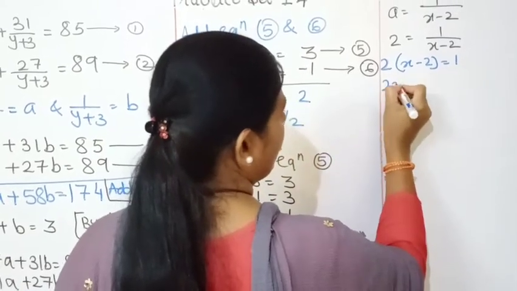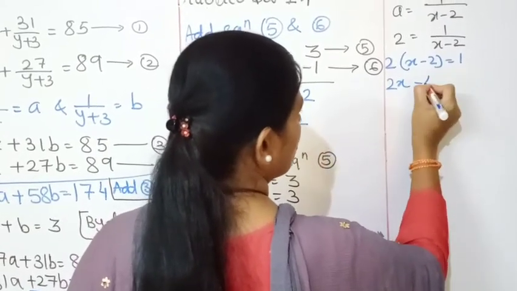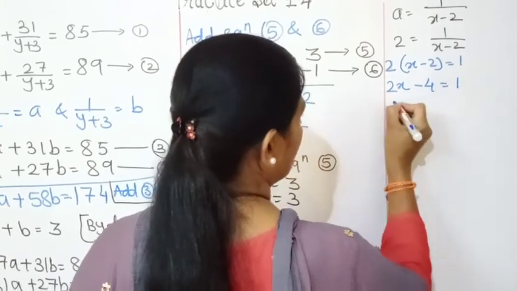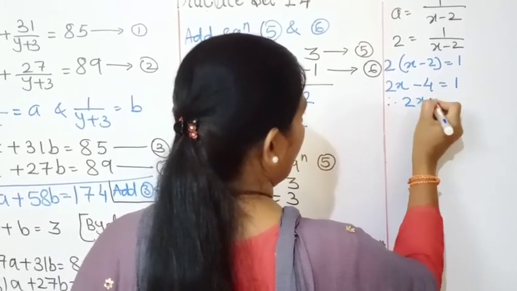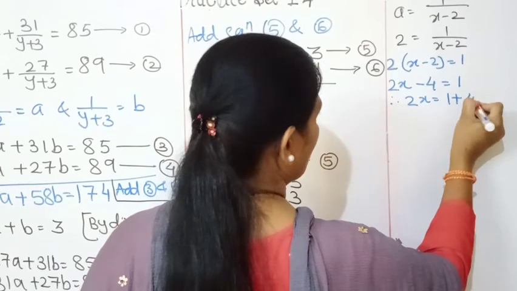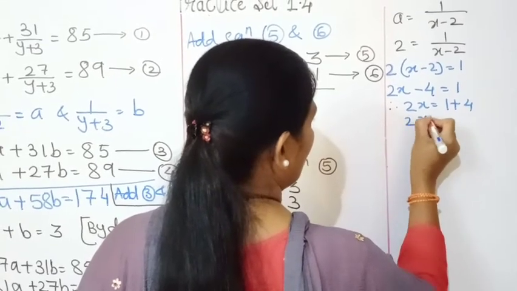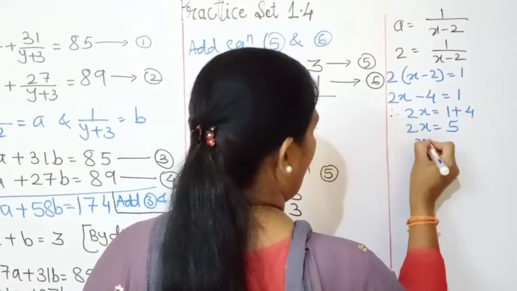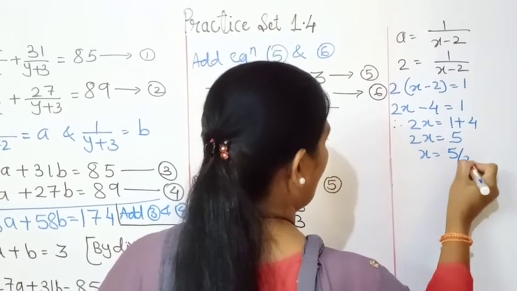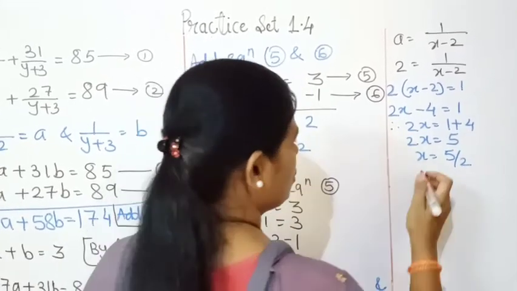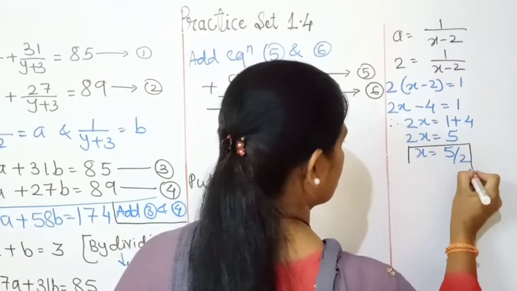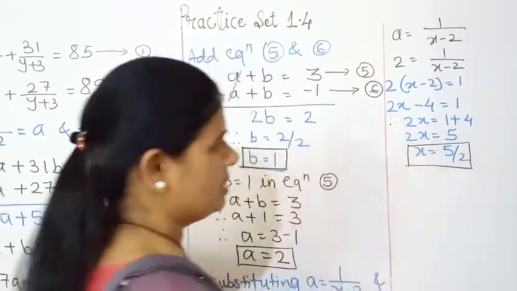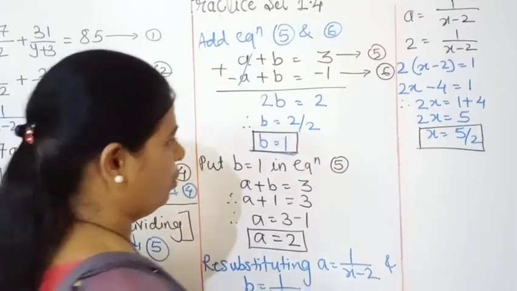Remove the bracket, that is 2x minus 4 equal to 1. Therefore 2x equal to 1 plus 4. So 2x equal to 5 and x equal to 5 upon 2. Okay. So we got the value of x. So the value of x is x equal to 5 upon 2.